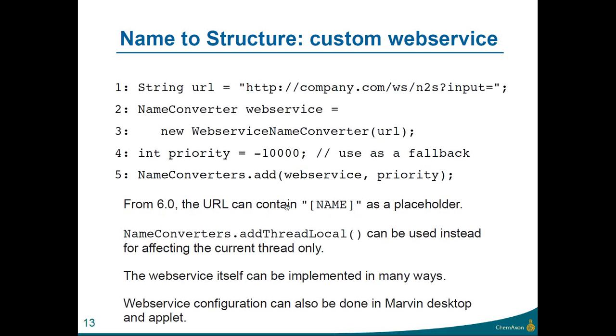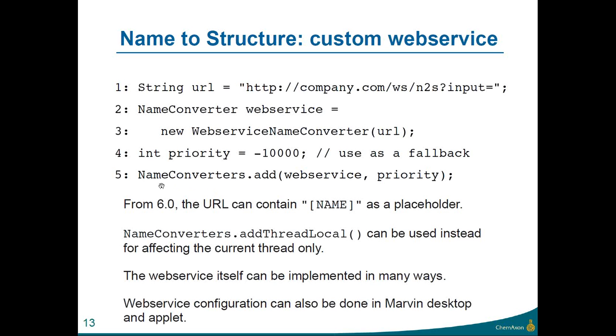So in 6.0, in the next version, it will be possible to actually put a placeholder, this syntax of name, capital, in the URL, and in this case, that part will be replaced by the name instead of being put at the end. If you need that sooner, we can make a more urgent release, or you could actually work around it by defining your own class, because the name converter API is there. So it's going to be more flexible in 6.0.